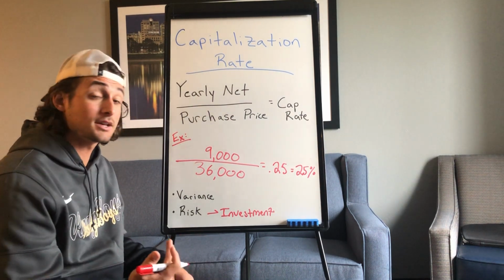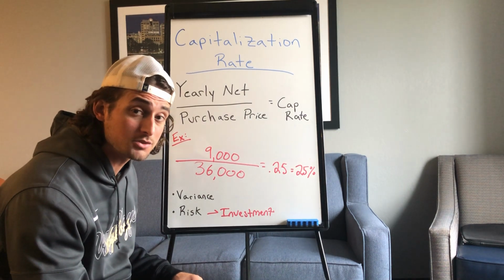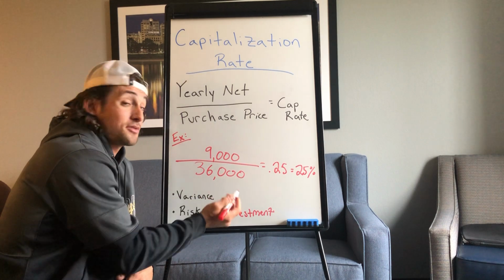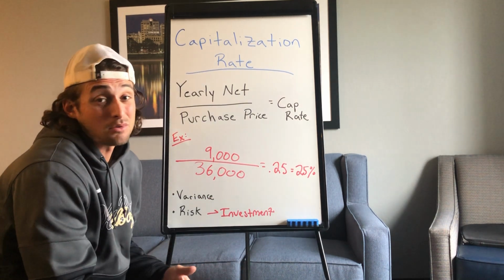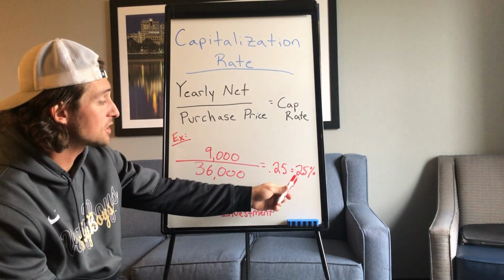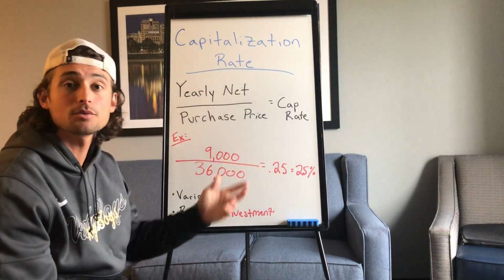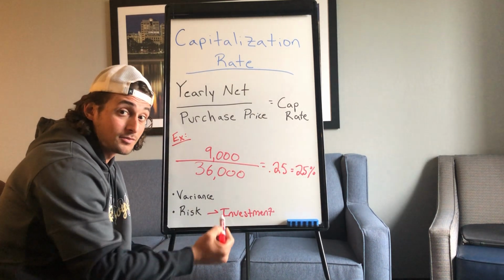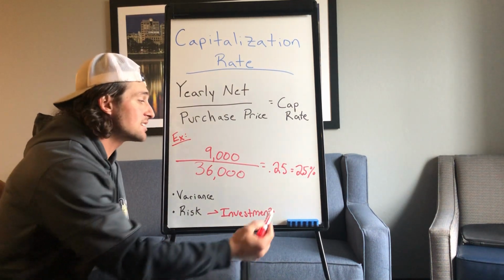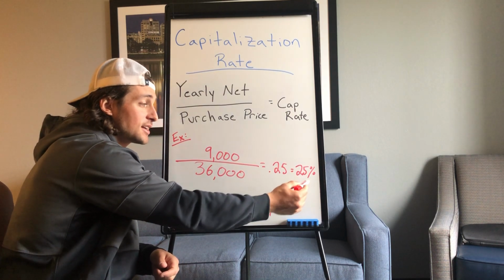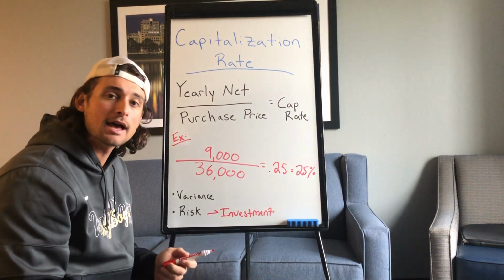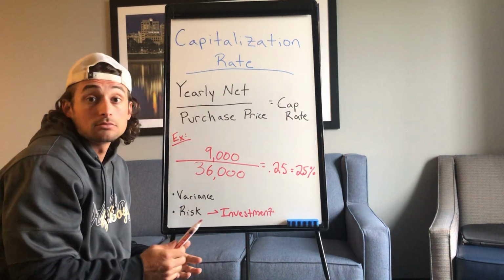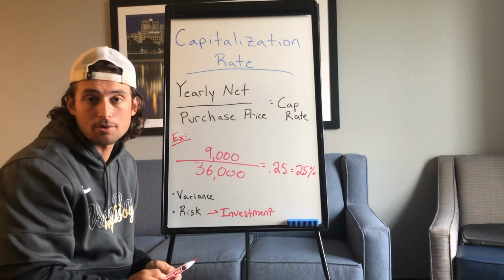But I was okay with that because in 10 years from now, 20 years from now, I was saying to myself, well, if that property is still worth $36,000, not great because I gained no appreciation, but my cash on cash return was so high, my cap rate was so high, I could sell this right now to an investor for so much more money. Because if I told you as an investor, hey, right now a really good cap rate for Birmingham is 10%, I can give you one with a 25 cap on it, right?